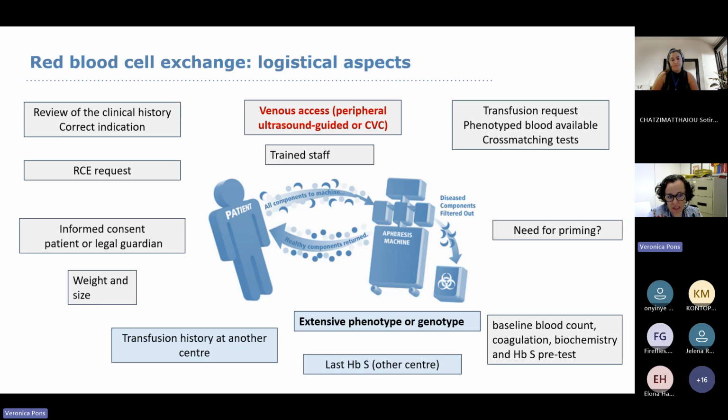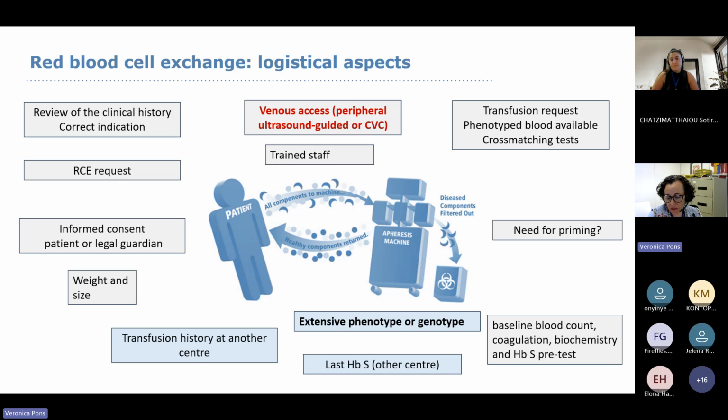And we also need the weight and size of the patient, the transfusion history, an extensive phenotype or genotype, and also the last hemoglobin S. But also blood tests, including hemoglobin, platelets, coagulation profile, biochemistry, and also the hemoglobin S pre-procedure. We also need the transfusion request and the pre-transfusion sample.